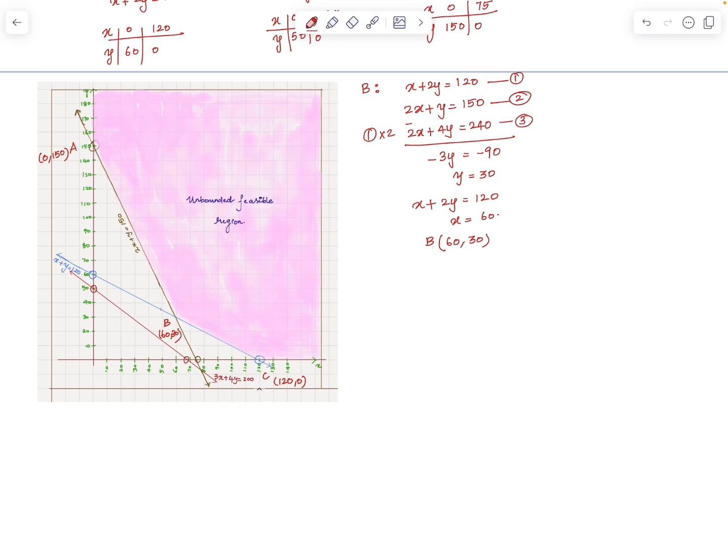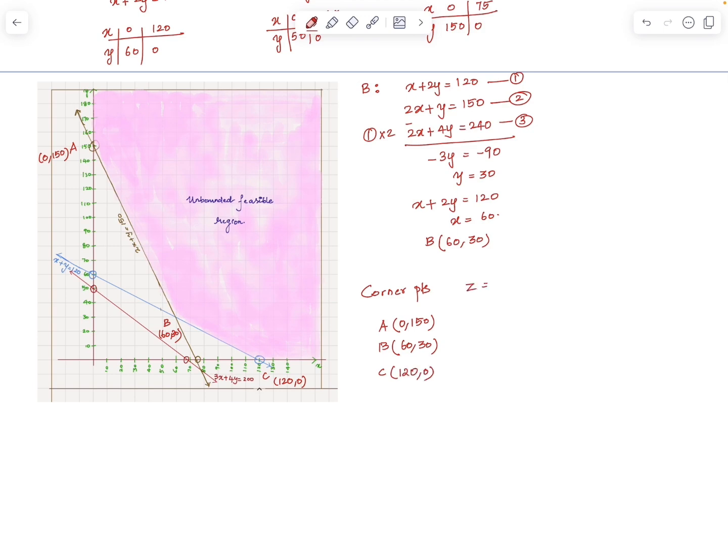Now that we have the corner points for the feasible region, we have to figure out the value for Z. The corner points are A 0, 150, B 60, 30, C 120, 0.